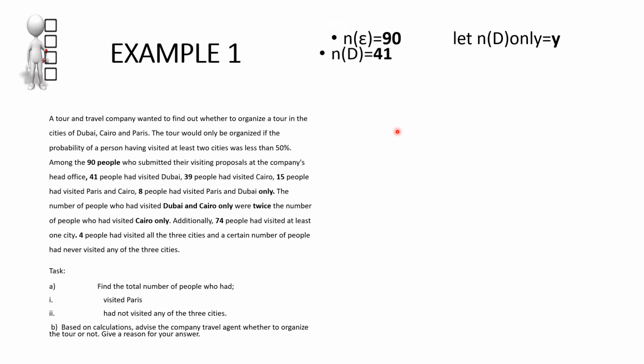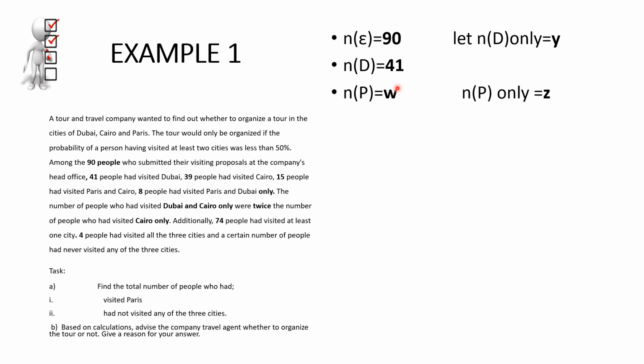Then we have those who had visited Dubai, so n(D) is 41. The number of those who had visited Paris is not in the question, but they are asking us in the task, so I've let it be W. What you don't have, you let it be a variable. Those who had visited Paris only, not Dubai and Cairo, I have let it be Z. And those who had visited Dubai only, I have also let it be Y.